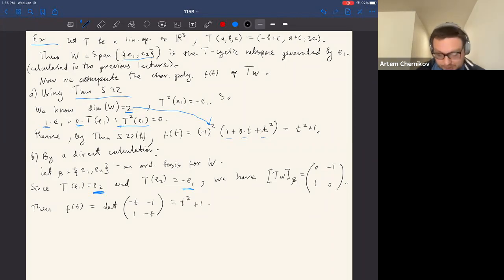So we obtain the same answer, but in this case we calculated it explicitly by the definition of the characteristic polynomial, and in the first case we used the theorem. So depending on the situation, one of these two methods might be preferable to the other. All right. So this is it concerning this theorem. Any questions?